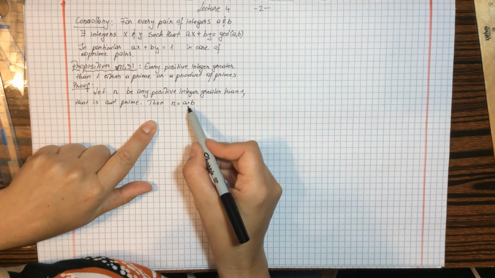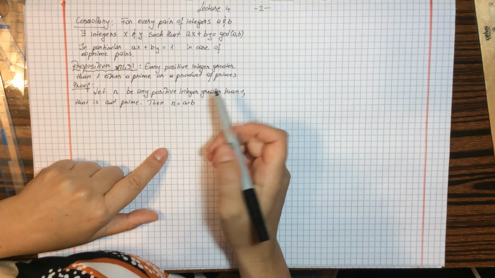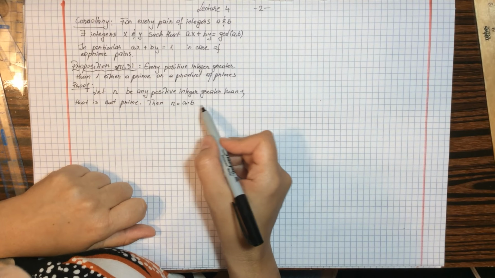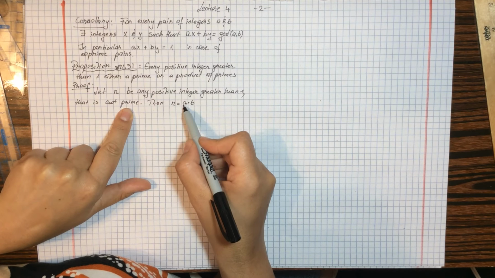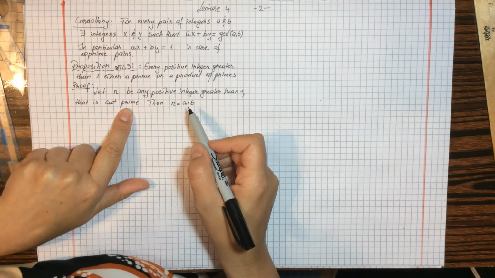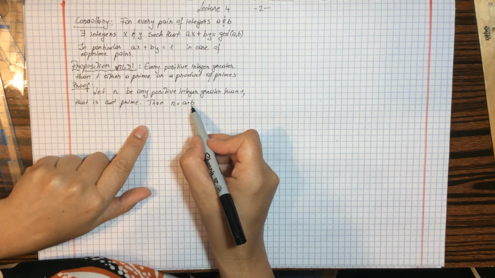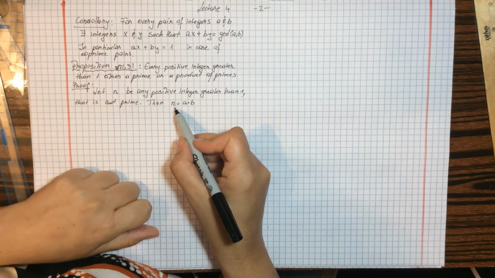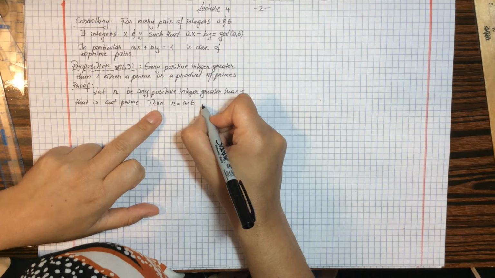A number can be a product of two or more factors, but the line of reasoning is exactly the same, so it makes no sense to consider three or more factors. So if a number is not a prime, then it must have some factors. Let's call them a and b for sake of simplicity. Now, since they are factors of n, they cannot possibly be greater than n. They have to be less than n.